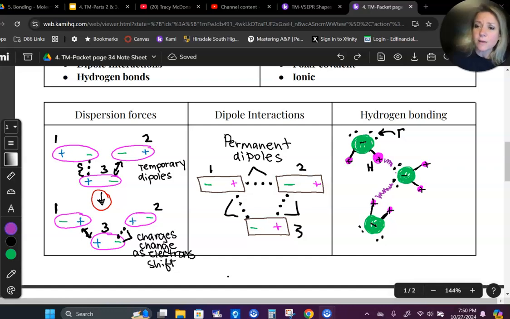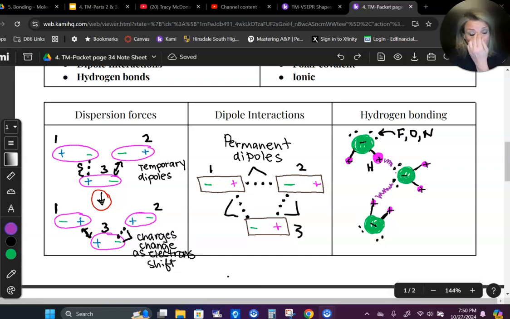This can be a fluorine, an oxygen, or a nitrogen. So you have to have a hydrogen attached to FON. Now I know that FON is not spelled F-O-N, but go with it because it's going to help you remember.